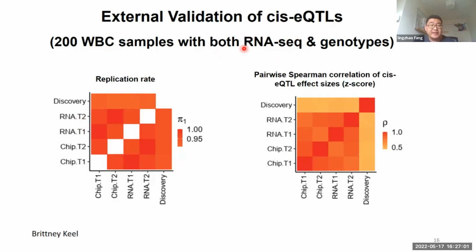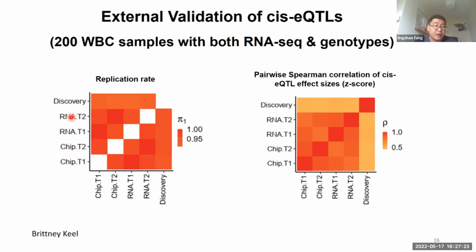Besides the RNA-seq, they also have the genotypes, the 50K genotypes, from the same individuals. So we have RNA-seq and the SNP chip, because we imputed the genotypes to sequence level either only from RNA-seq or only from the 50K SNP array.